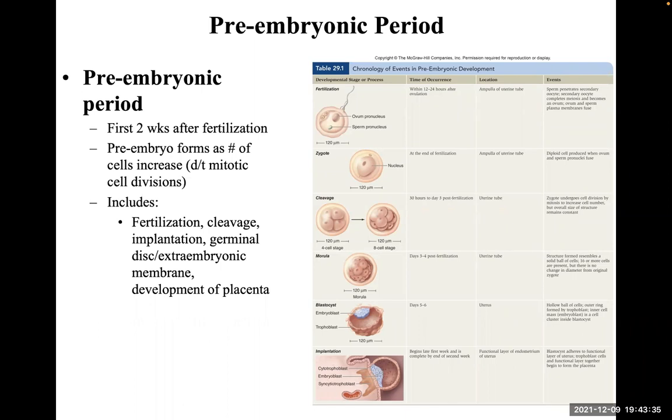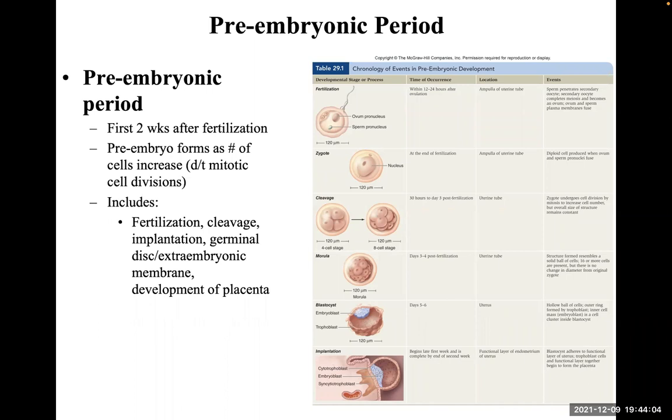So if you were getting mitosis with corresponding increases in size, the structure would likely get too big to pass through the uterine tubes. So having cleavage take place allows for differentiation and specialization and an increase in the number of cells without compromising the ability of that structure to make its way into the uterus.